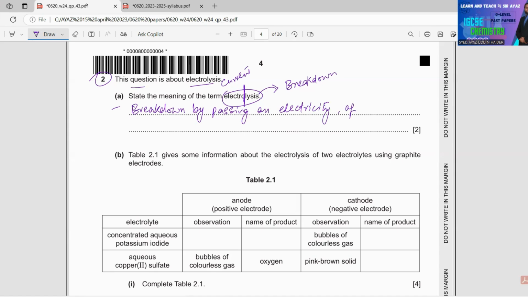Of an ionic compound, in molten or aqueous state.